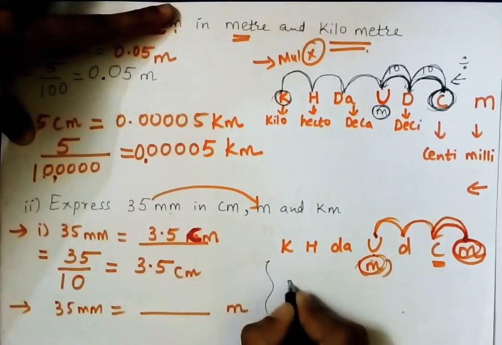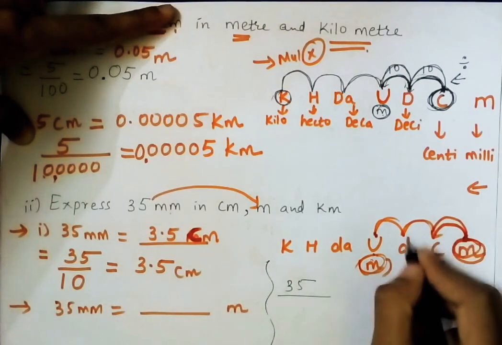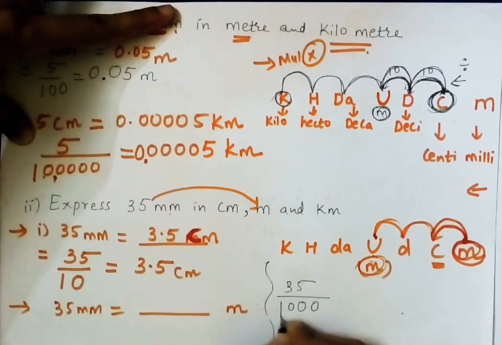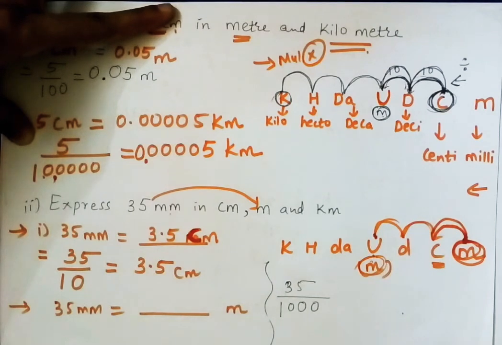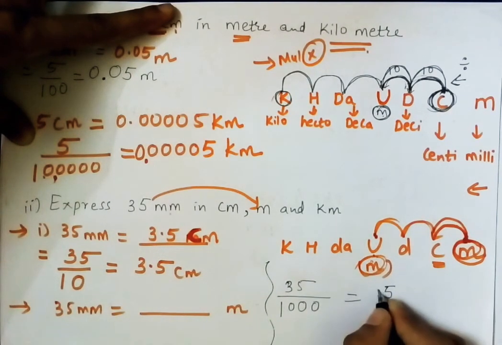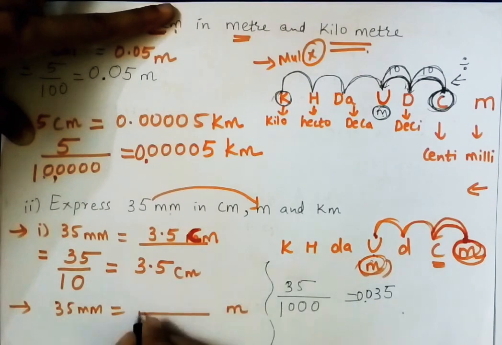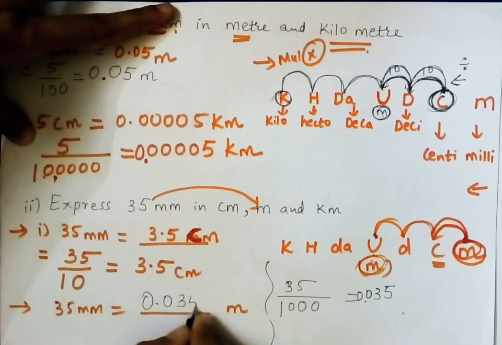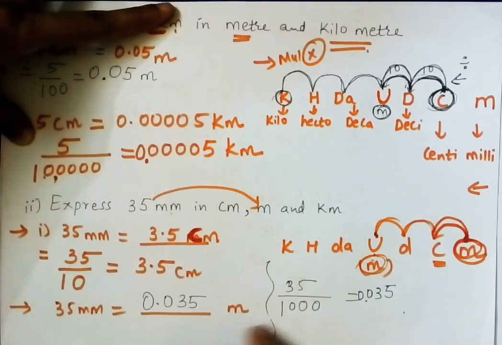So it will be 35, 3 times shifting. We will put the decimal point after 3 digits. This 5 is our first digit, 3 is our second digit, and the third digit will be 0. So it will be 0.035 meter. This is our answer of the second one.